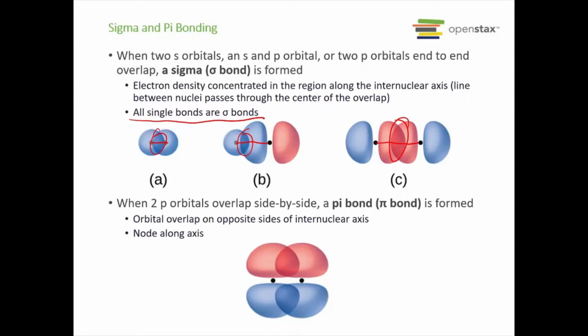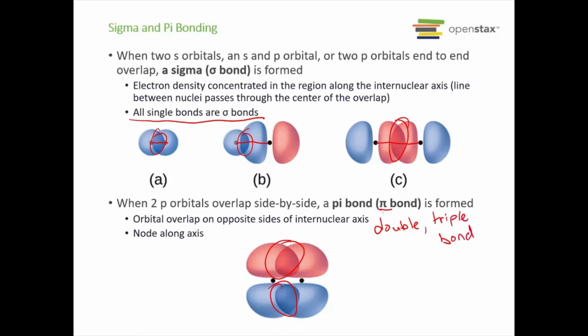Now, if you have two p orbitals overlapping side by side, you have these two lobes of the p orbitals overlapping with each other. This forms a pi bond. So these are double and triple bonds. First you form a single bond, and then from there you can form pi bonds.